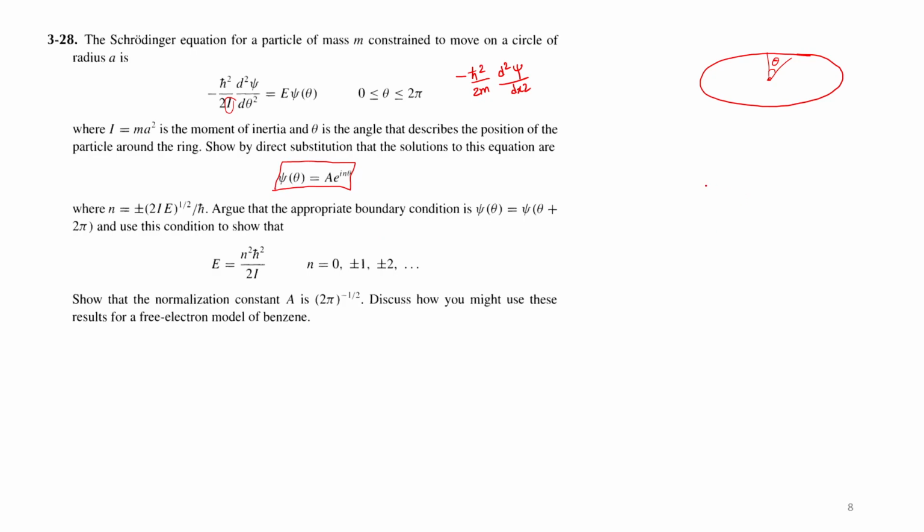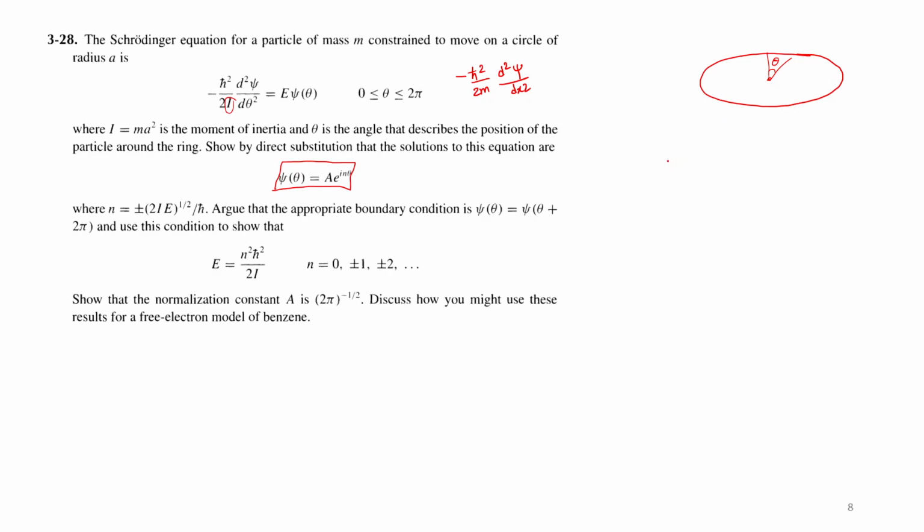I hope you know this because you have already seen how to solve the particle in a box. For that we got a linear combination: A sin kx plus B cos kx, something like that, right? Here they want us to show by direct substitution that this is a general solution.